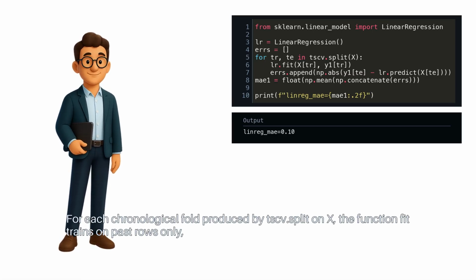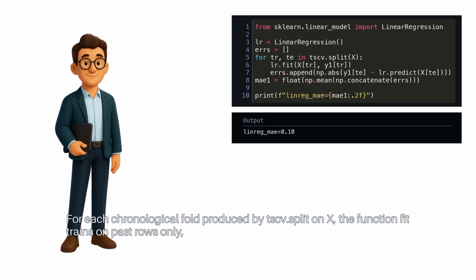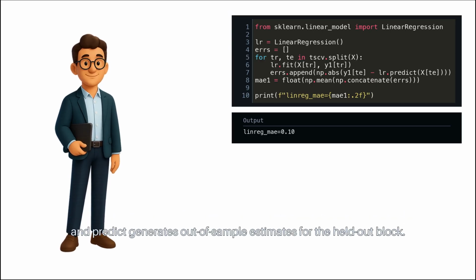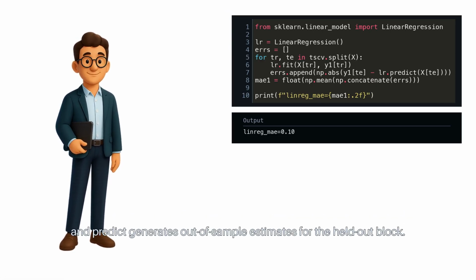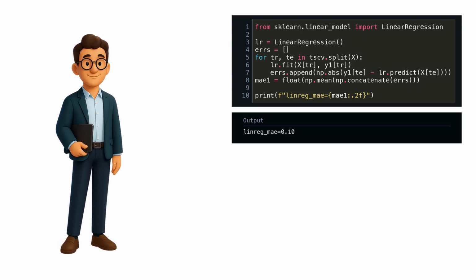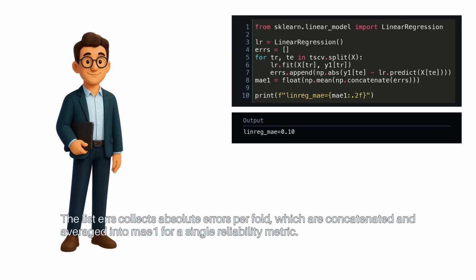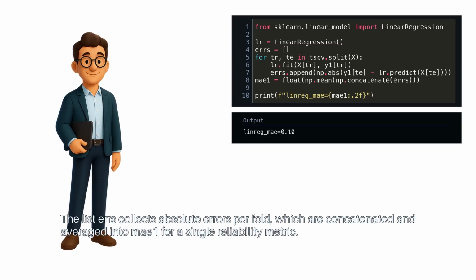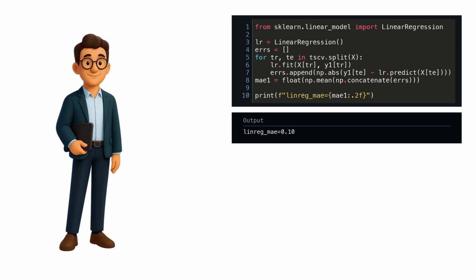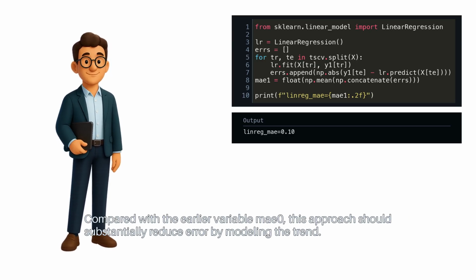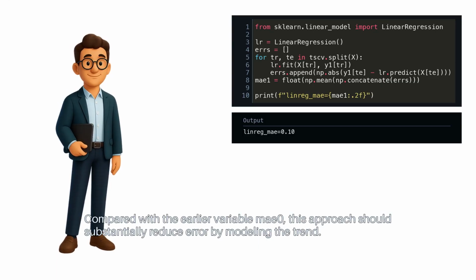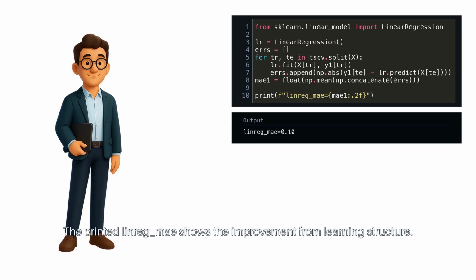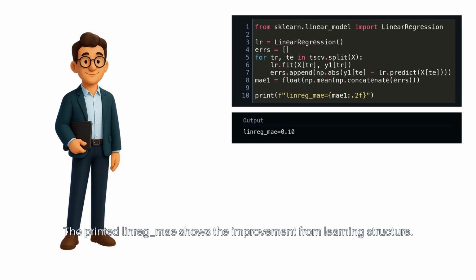For each chronological fold produced by TSCV.split(X), the function fit trains on past rows only, and predict generates out-of-sample estimates for the held-out block. The list errors collects absolute errors per fold, which are concatenated and averaged into MAE1 for a single reliability metric. Compared with the earlier variable MAE0, this approach should substantially reduce error by modeling the trend. The printed LinearReg MAE shows the improvement from learning structure.